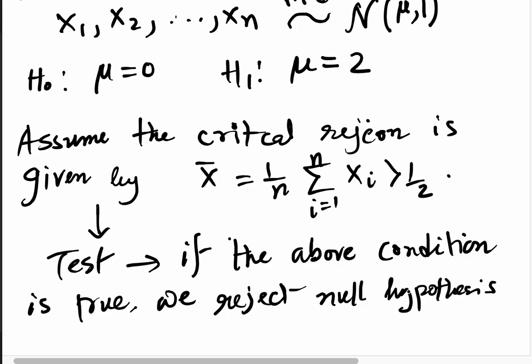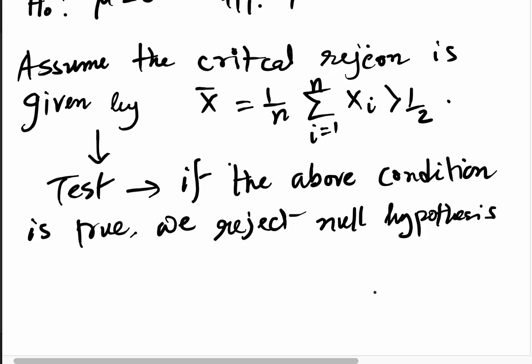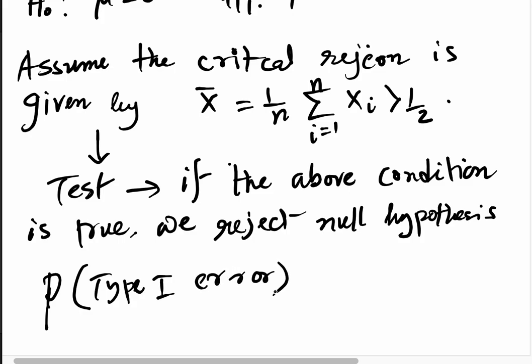Then we have to find the minimum sample size required so that the probability of type 1 error is less than 0.05.